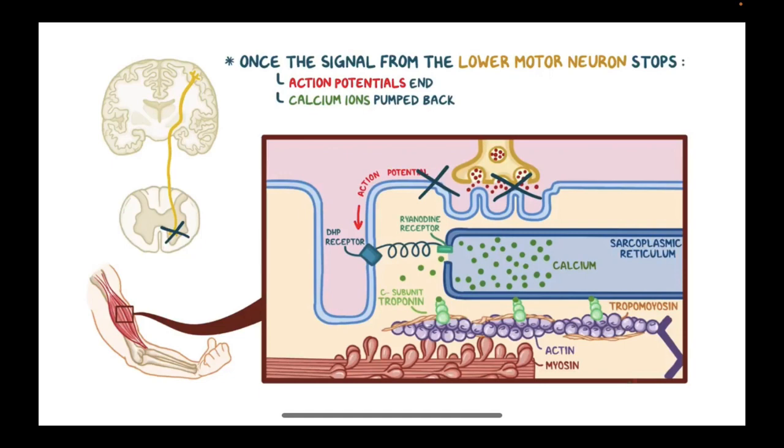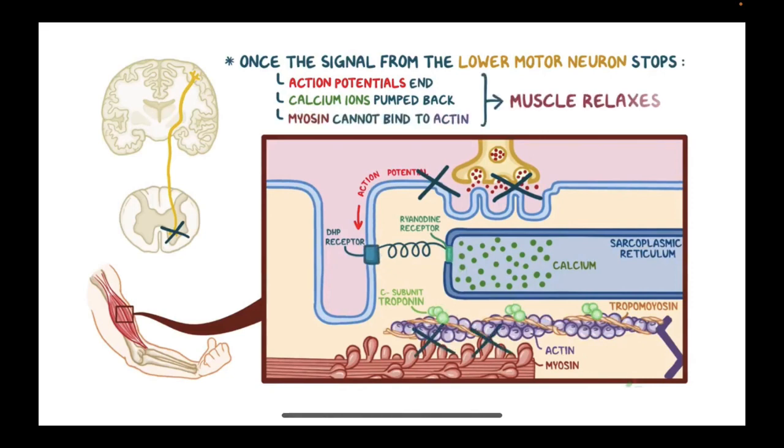When the calcium level falls, the C subunit of troponin is no longer bound to calcium. So troponin returns to its original shape and allows tropomyosin to cover up the active sites of the actin once again. As a result, the myosin is no longer bound to actin, and the muscle relaxes.